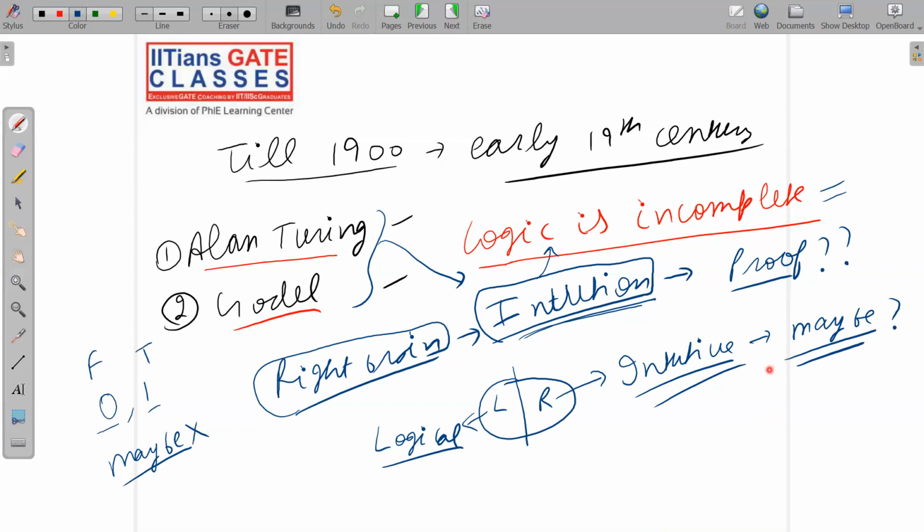The moment we understand intuition properly, we can build computers which have intuition. Till now, computers have only logic and no intuition. But when intuition is understood properly, computers will have logic as well as intuition, and then computers will be just like human beings.